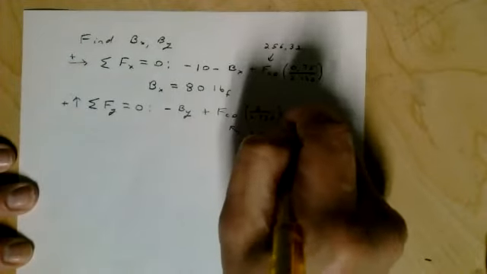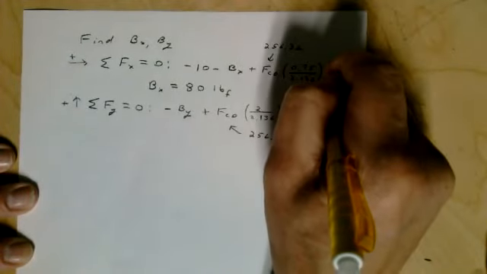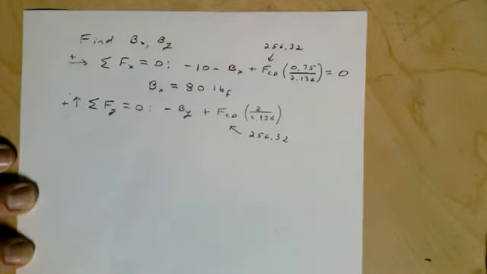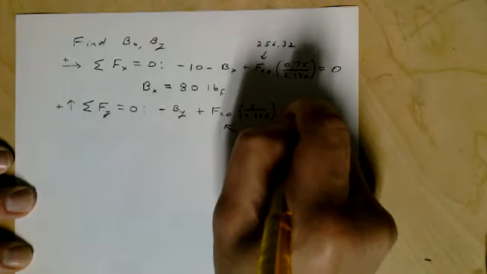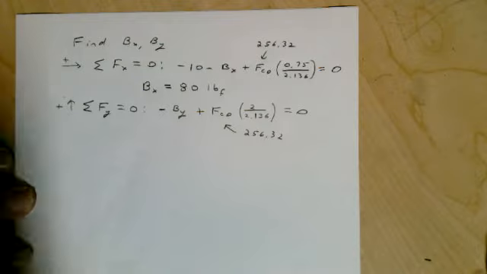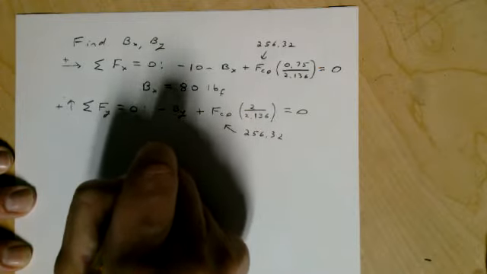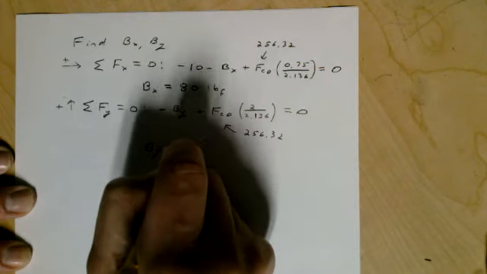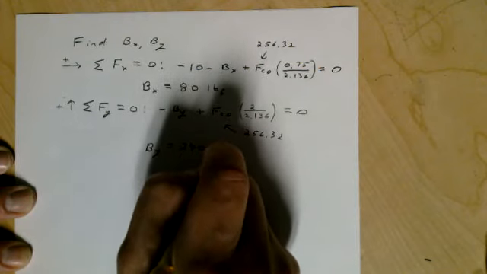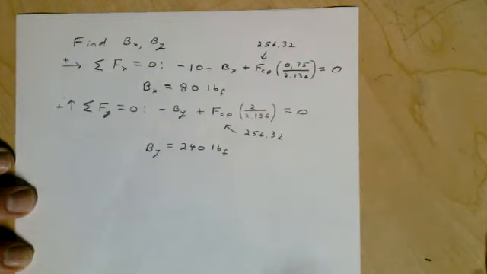And set that equal to 0. Well, this up here, by the way, on this one, this should have all been set equal to 0. Same thing down here. This should all be set equal to 0. Then solve for BY.